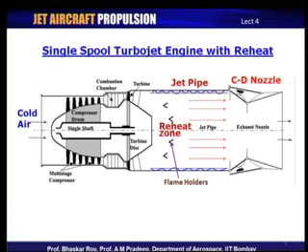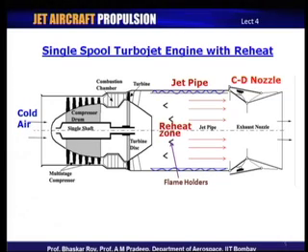Since these are made of metal alloys, there is a certain limit to which the temperatures can be raised at the turbine inlet. So, turbine inlet temperature is quite often a limiting factor in turbojet engine design.